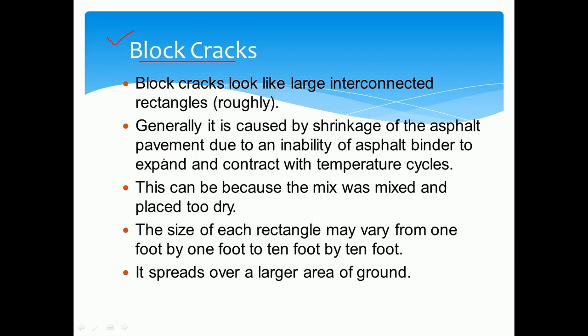That type of crack is the block crack, and this may also be because of improper mixing and placing. While placing the top surface or the bituminous materials, if there is inadequate or improper mixing and placing of the material, then also we can observe this type of crack.